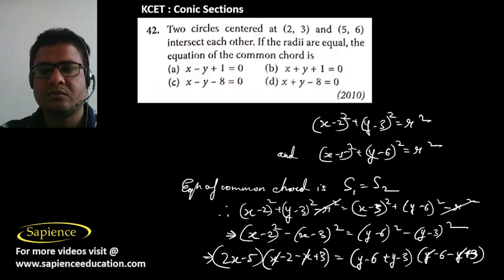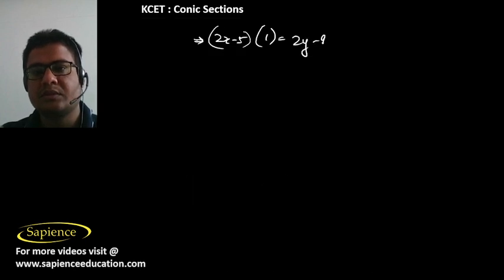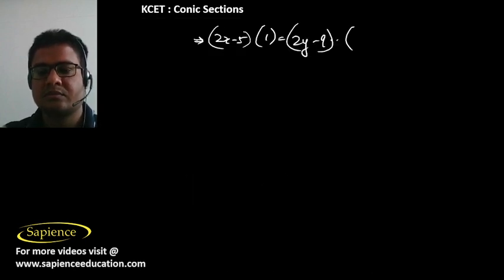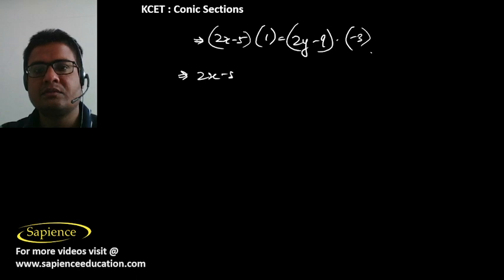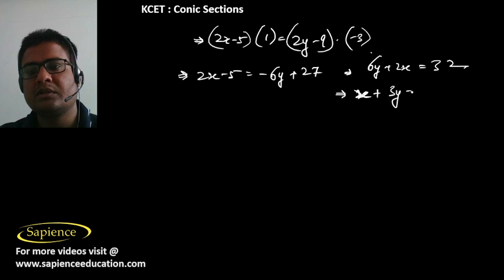That is equal to 2y minus 9 into minus 3. 2x minus 5 that is equal to minus 6y plus 27. 6y plus 2x that is equal to 32. So therefore x plus 3y that is equal to 16.